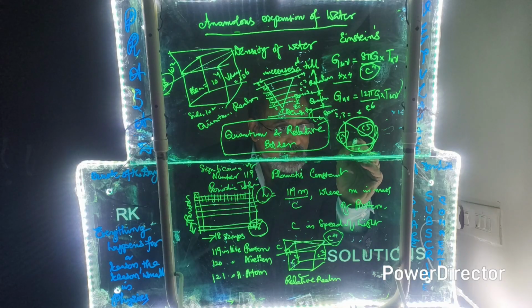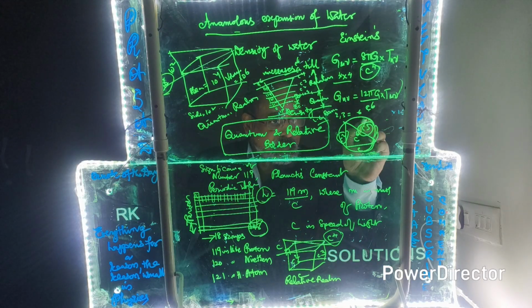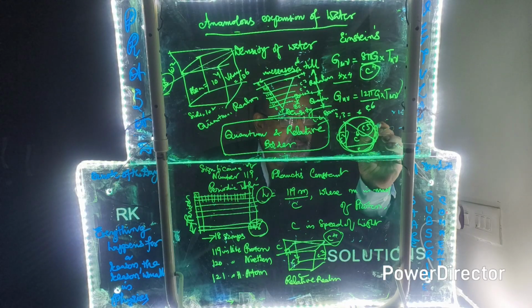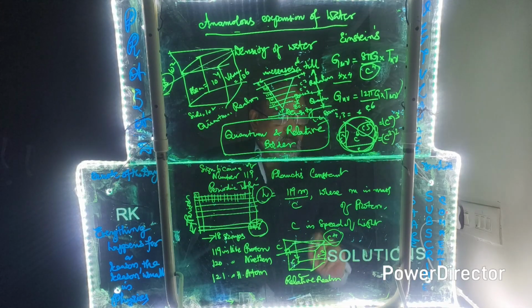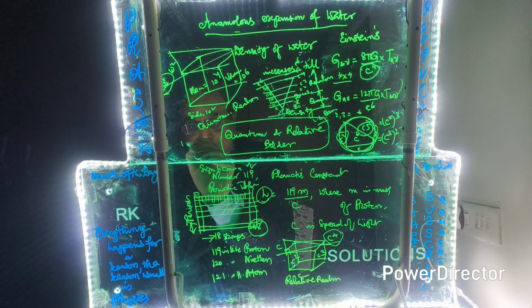So if you take c6, this c6 will be both c squared cubed equal to c cubed squared. You can do it even here, 10 raised to 6 is equal to 10 squared cubed equal to 10 cubed squared.